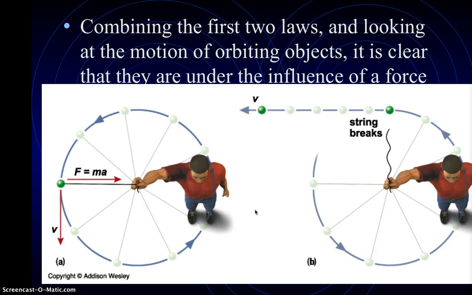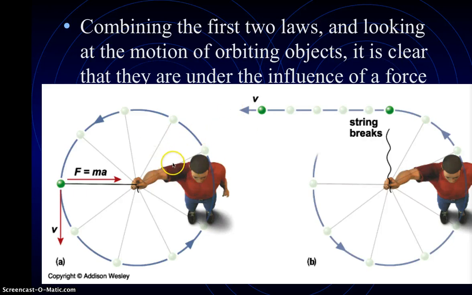So, if we think about the planets traveling in their circles, it can be similar to this ball on a string. As the planets go in semicircular orbits, we can understand that there must be some force holding them into that circle. Because we know, according to Newton's first law, if that string breaks, the planet will fly off in a straight line in the direction it was moving at that time.